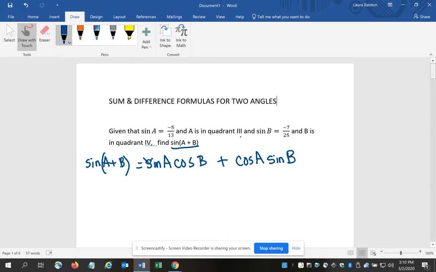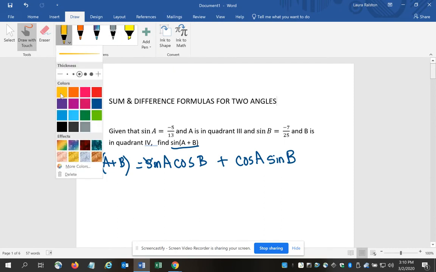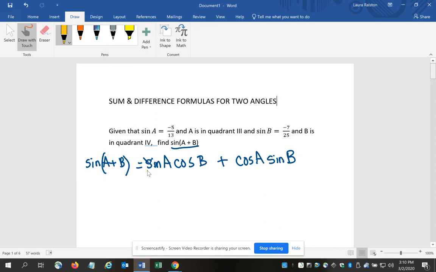If I think about what information I have, I'm told in the problem the value of the sine of A, and I also know the value of sine of B, but I don't know the cosine for either angle.